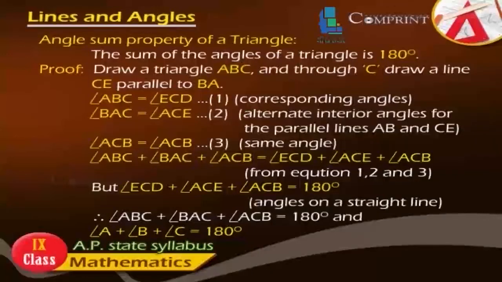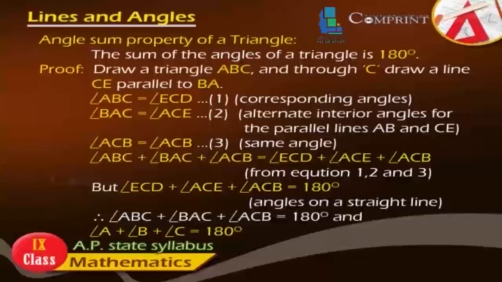Angle ABC plus angle BAC plus angle ACB is equal to angle ECD plus angle ACE plus angle ACB from equations 1, 2 and 3.